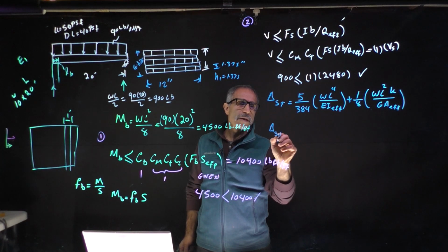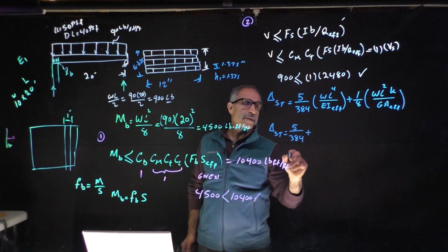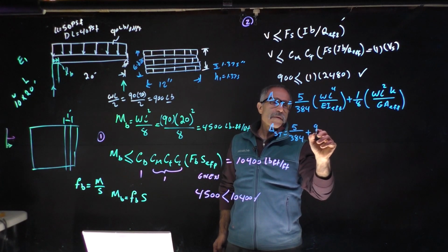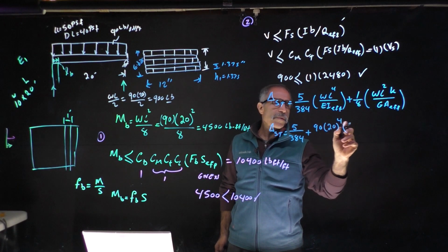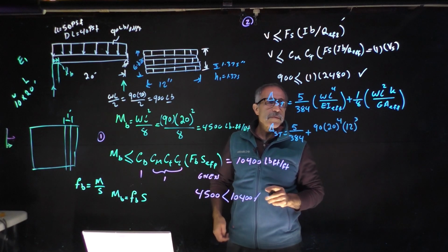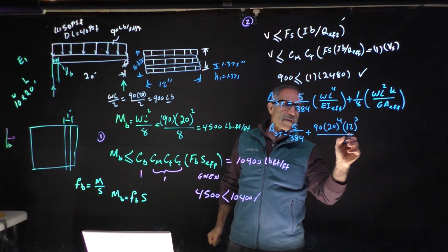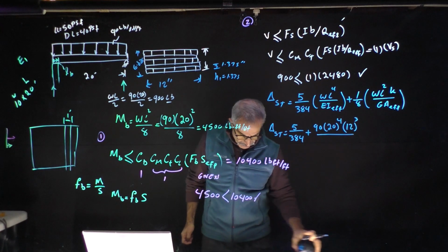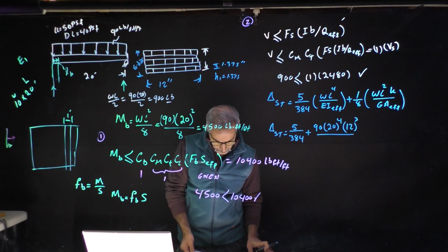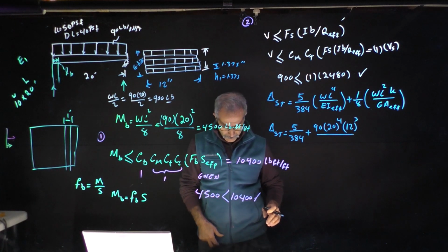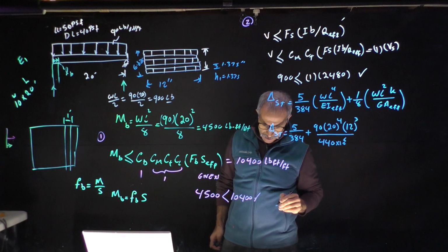Delta short term is equal to 5 divided by 384 times W, which was 90, multiplied by 20 to the power 4. Convert this to inches, we're going to multiply by 12 inches to the power of 3. Remember we said this is a pound per foot per foot. So divide by EI effective, and EI effective was given from the table, comes out to 444 times 10 to the power 6.